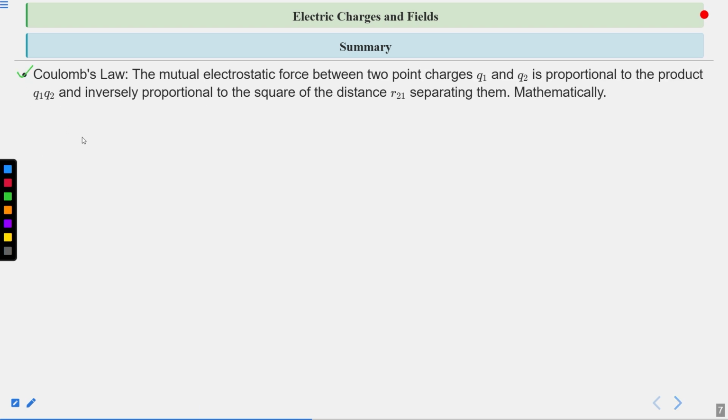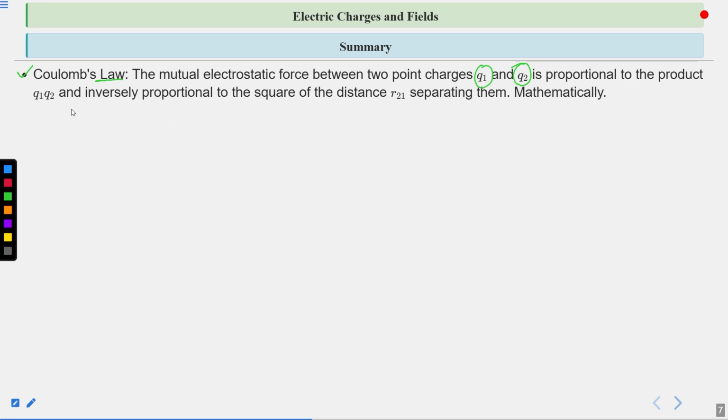Coulomb's law. So here the question arises, what is Coulomb's law? Coulomb's law gives the force between two point charges Q1 and Q2.